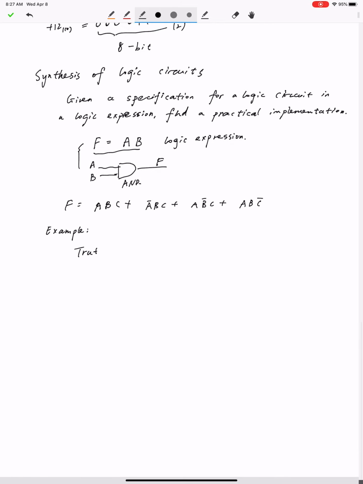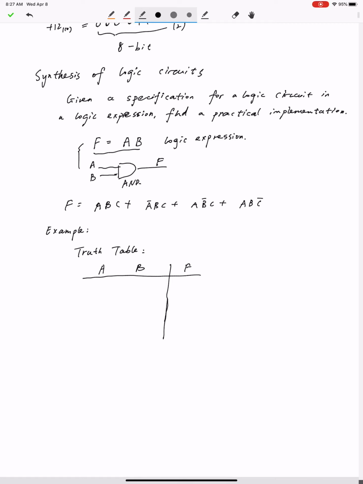If we are given a truth table, and this truth table has two inputs and a single output, let's use F as the output. For two inputs, how many rows for the truth table? If you forget the definition of truth table, a truth table lists all possible combinations of input, right?